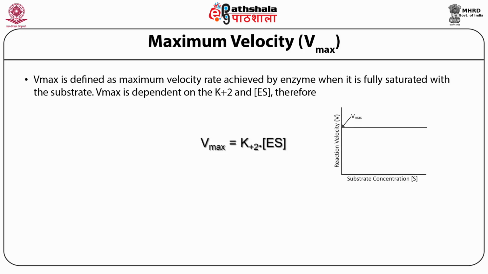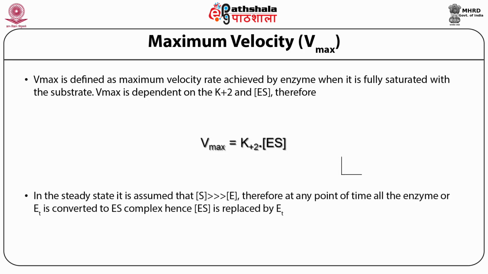If you remember the kinetics of the enzyme substrate reaction, Vmax is dependent on two things. First, what is the concentration of the ES complex? Second, what is the value of K plus 2? Therefore, Vmax is equivalent to K plus 2 into the ES concentration.